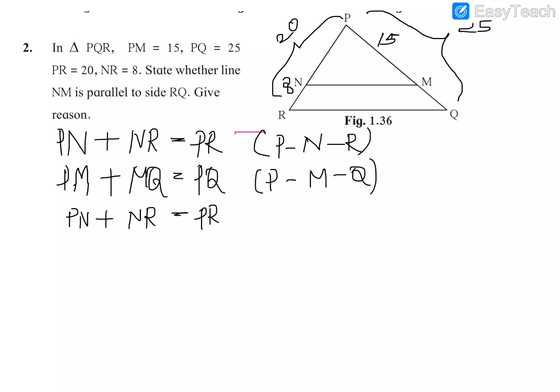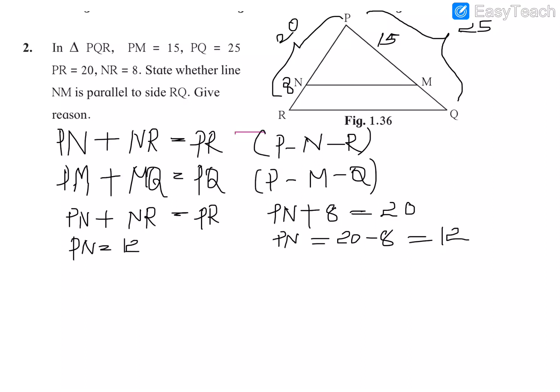PN is not given, so I am writing it the same, PN plus NR, NR is given 8, is equal to PR. PR is 20, you can look in the figure. So I can solve the value of PN from this. PN is equal to 20 minus 8, that is 12. So 12 units is the value of PN. So we have got PN is equal to 12.